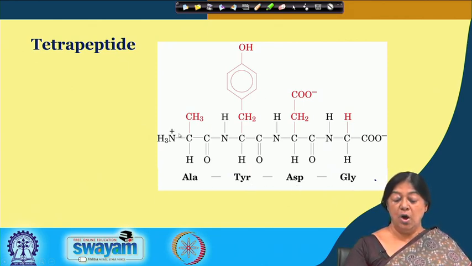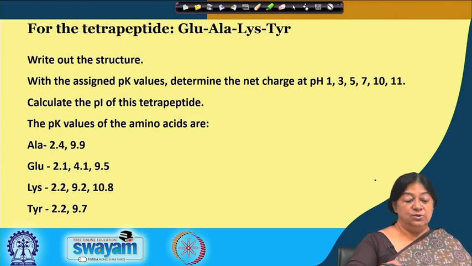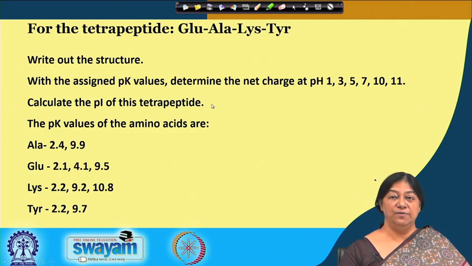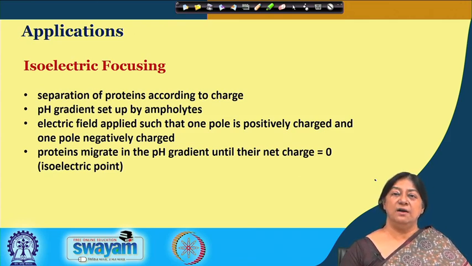We just need to know how we are going to go about doing it. So, for an example or something that you can try, for a tetrapeptide glutamic acid, lysine, tyrosine, you write out the structure, consider the assigned pKa values and calculate the PI of this tetrapeptide, as you can try that out as a homework.